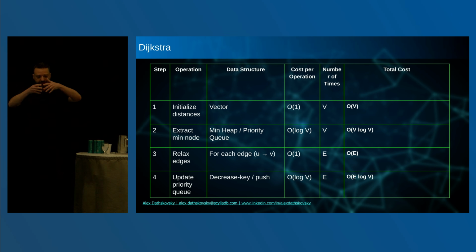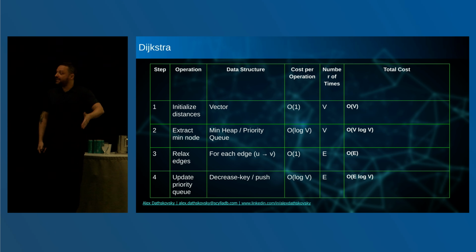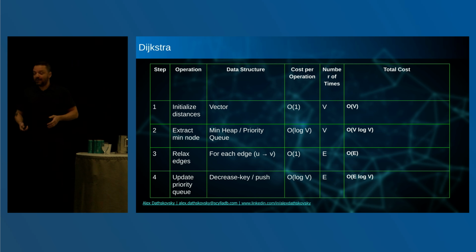Basically, relaxing the edges is running on all the edges and changing the weights. We run with O(1) on all edges, it's E, so it's O(E). And then we have to decrease the key and change the heap itself. It's O(log V), and we have to run it on all the edges. So it's E log V, and basically, I want to shoot myself.